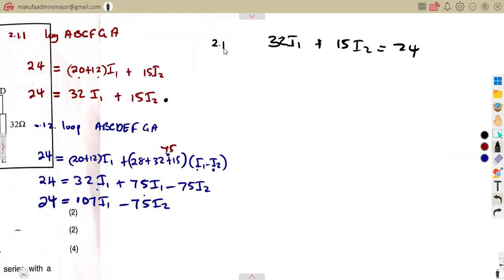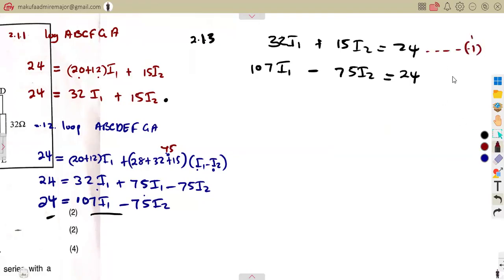Then the second one, from this side, is 107 I1 minus 75 I2 is equal to 24. You can also reduce an equation if you see that it can be reduced. Like I said, how to solve these equations is in your hands. So in this case, I'm going to consider this as my equation 1 and this as my equation 2.